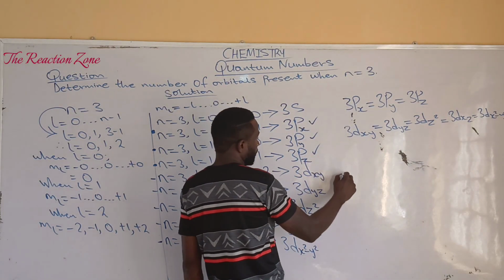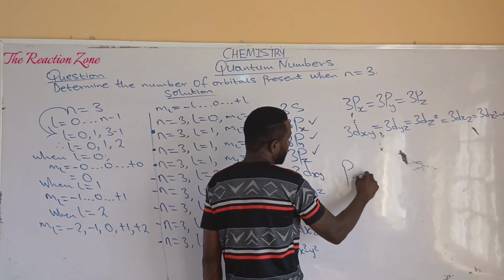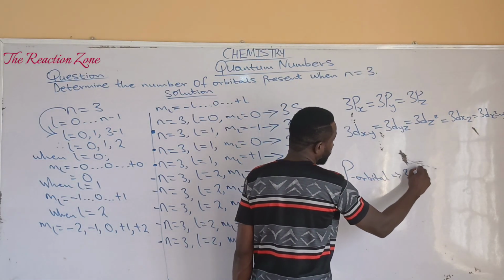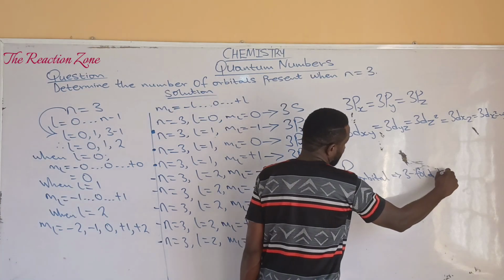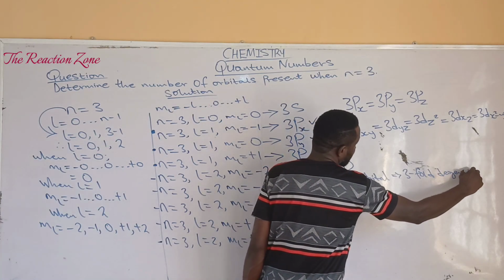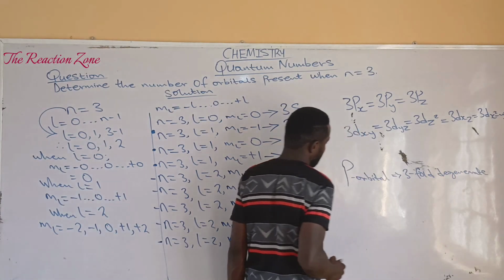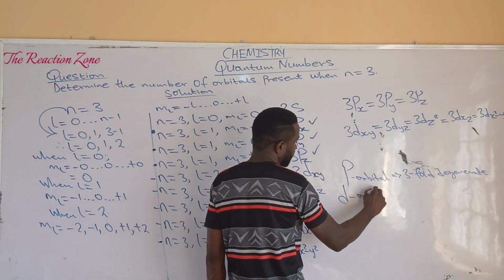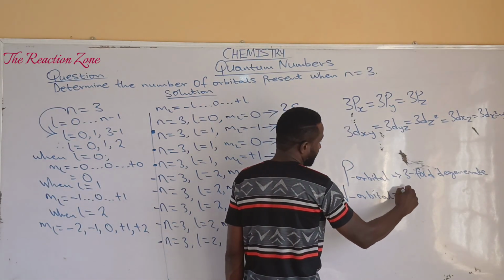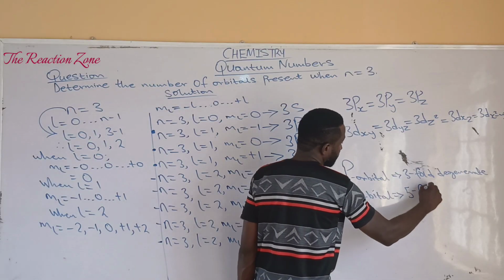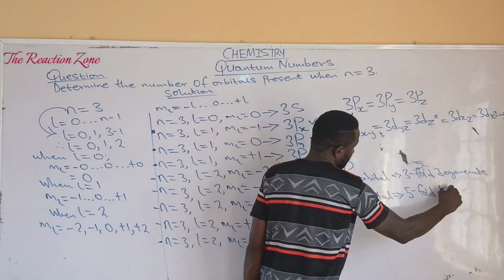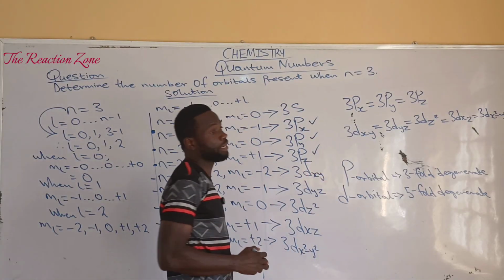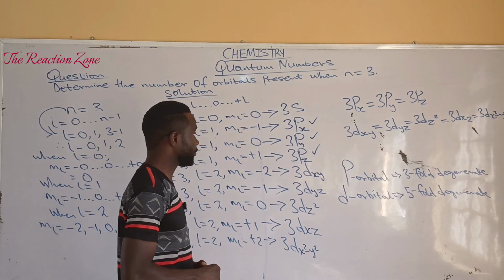So please note, the p orbital is threefold degenerate, meaning that there are 3 p orbitals that have equal energy. The d orbital is five-fold degenerate, meaning that there are 5 d orbitals that have equal energy.